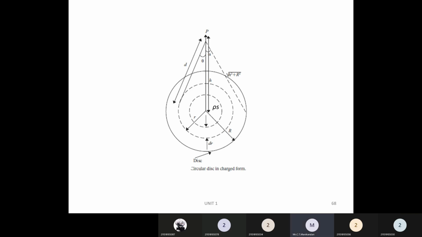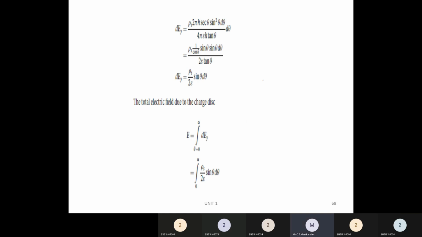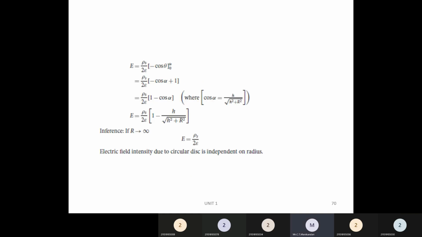The adjacent part is h, and the hypotenuse part is root of h square plus r square. Instead of h by root of h square plus r square, you can write cos alpha. So E equal to rho s by 2 epsilon into 1 minus cos alpha.